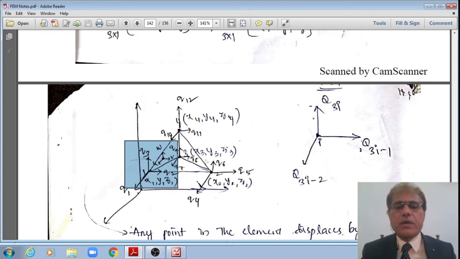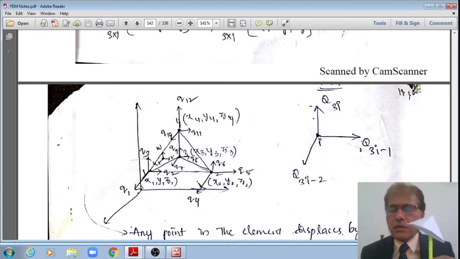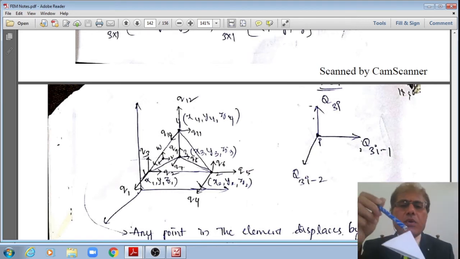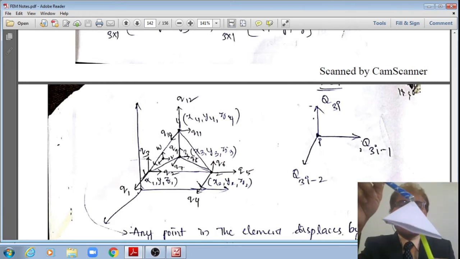Likewise, you can go to the other nodes. At node 2, q4, q5, q6, then at node 3, q7, q8, q9, at node 4, q10, q11, q12.